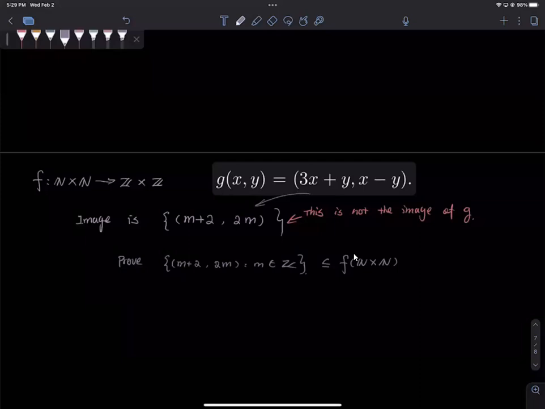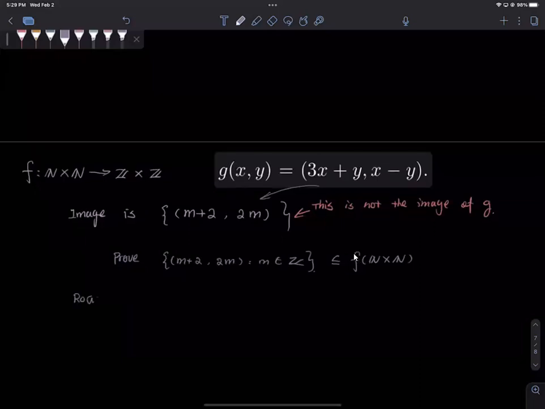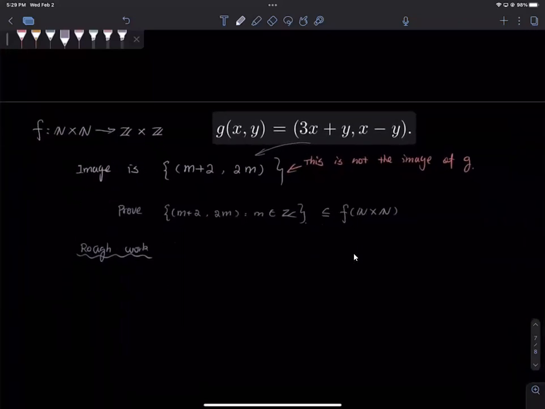What you need to do is you do rough work, just like what we did before. You do rough work and you use tip 3. Tip 3, okay? Which means you let it equal to something. What do you let it equal to? Again, this is rough work, okay? It's not the proof. So what do you let it equal to? You let them equal to whatever you need to prove. So you let this be this, and you let this be this.